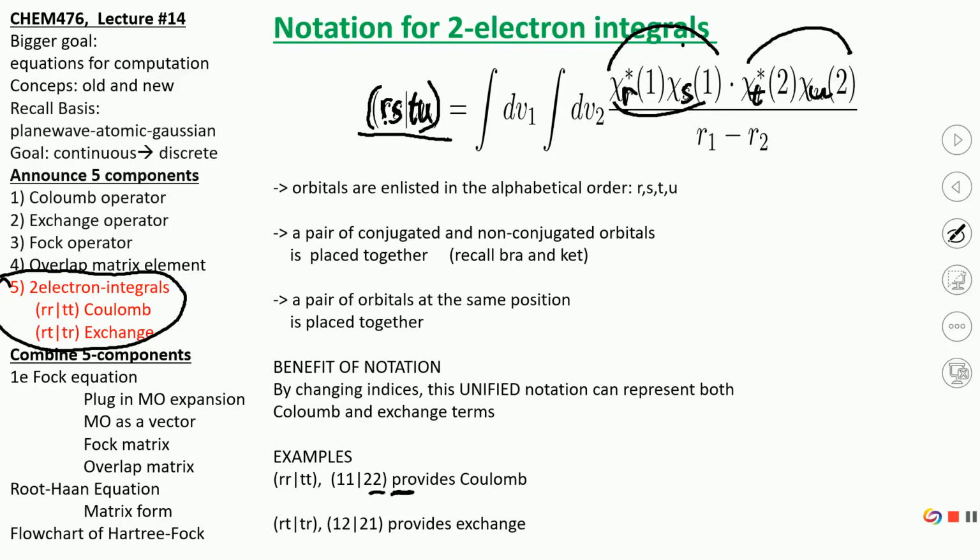You can take RSTU, and then depending on whether they are the same or different, there is a conventional notation: a round bracket, a vertical line, another round bracket, and then RSTU. If the first two indices are the same, RRTT, it will be Coulomb. If they are pairwise with mirror reflection, RTTR, 1, 2, 1, it will be exchange.